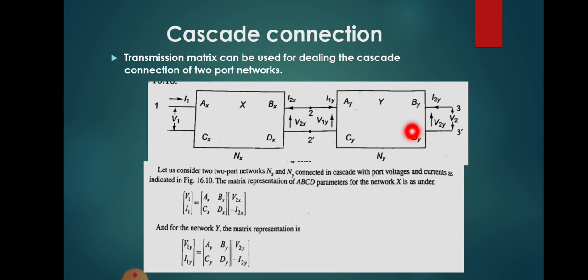The output is V2Y and I2Y, and associated with I2Y there will be a negative sign, so the matrix is V2Y and minus I2Y. So these are the two representations for the individual networks, right? Now we are cascading them. You can see that when cascading, V2X is equal to V1Y and I2X is equal to I1Y, but its sign is different.